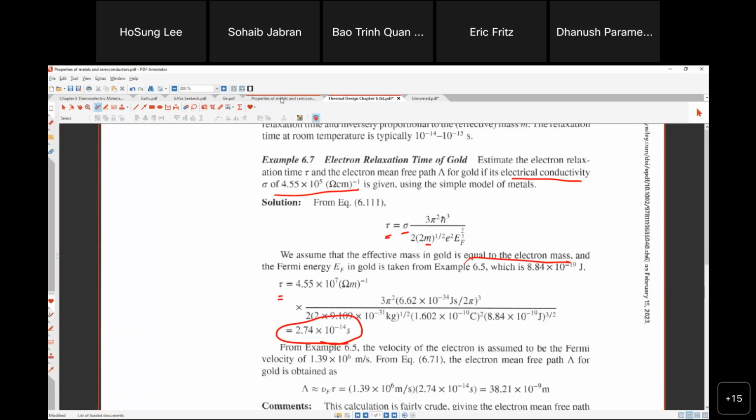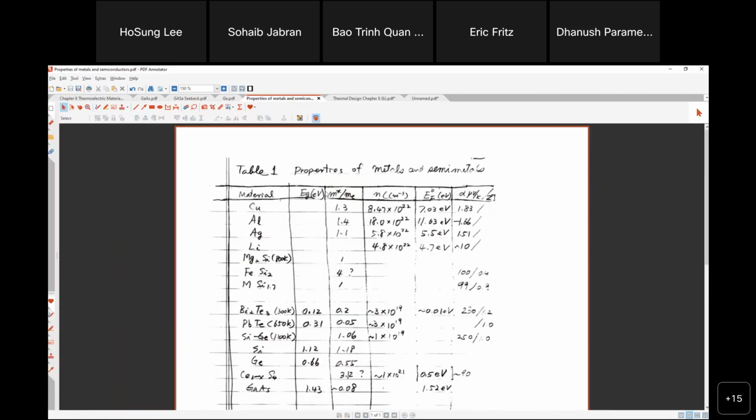Now the property of metal, I posted this, you can have this. It is experiment: copper, aluminum, silver, lithium, silicon, germanium, and here the ratio over electron mass is given.